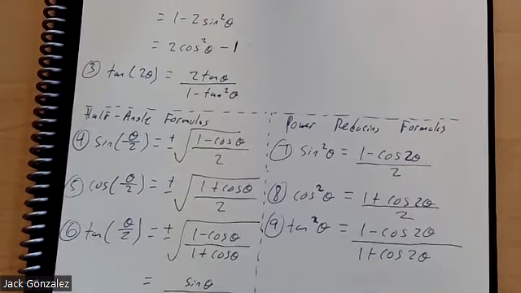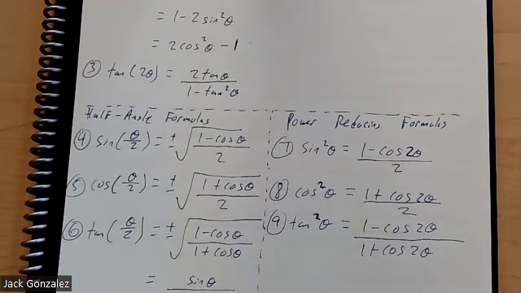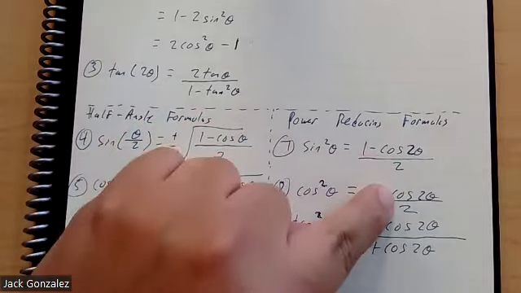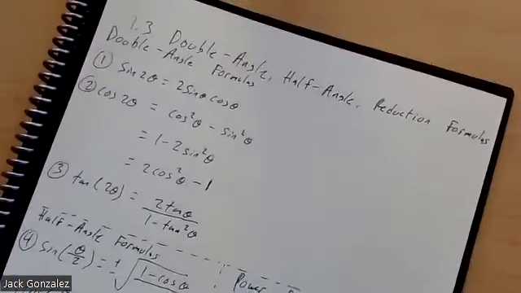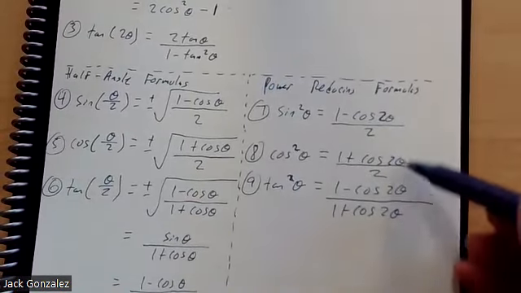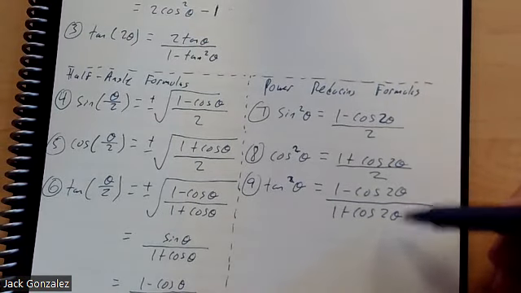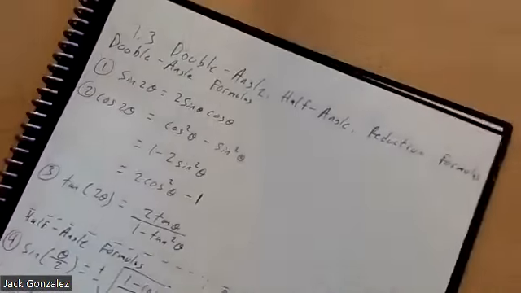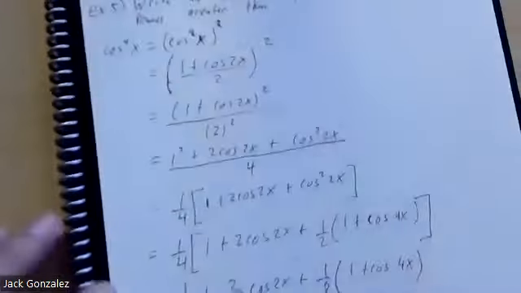That would be a problem. Should be a 2 underneath, both are reducing. The only one that doesn't have a 2 is tangent, because if you divide them, you notice you're going to cancel the 2's. But anyway, any other questions on number 5?